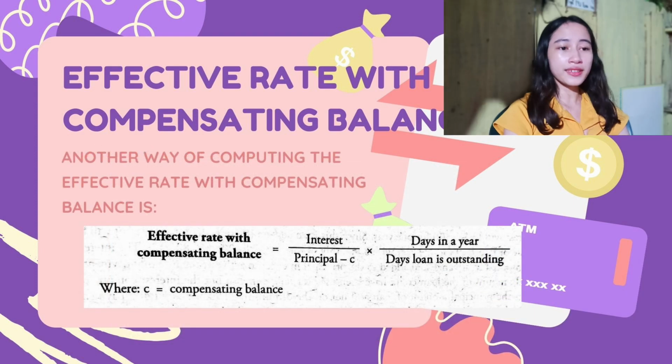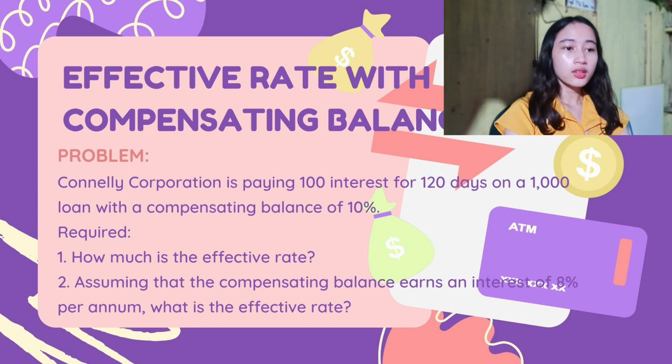So, other than that, we have another way of computing the effective rate with compensating balance. Here is our example. Connelly Corporation is paying 100 interest for 120 days on a 1,000 loan with a compensating balance of 10%.